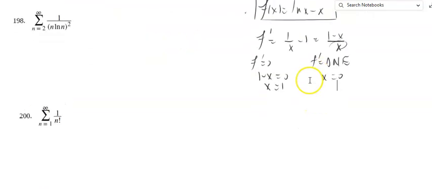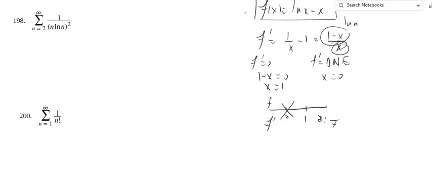Now when I get to my testing, since we're dealing with natural log of n, I shouldn't worry about anything less than 1 because all of these start at 1. I pick a point to the right of 1, say 2. If I put 2 in there, that's positive, and 1 minus 2 is negative.